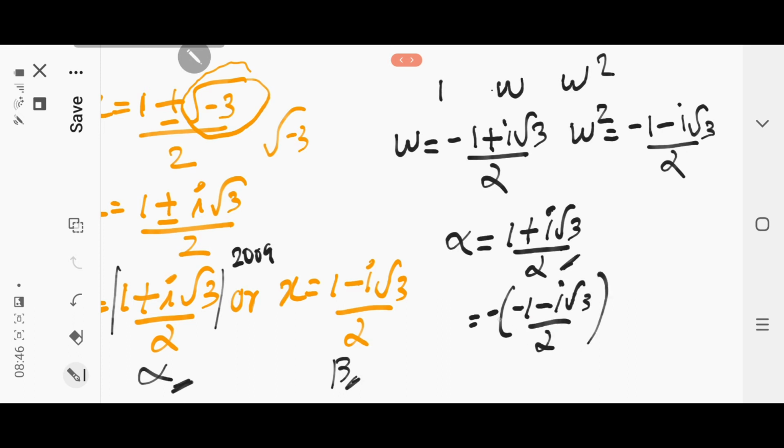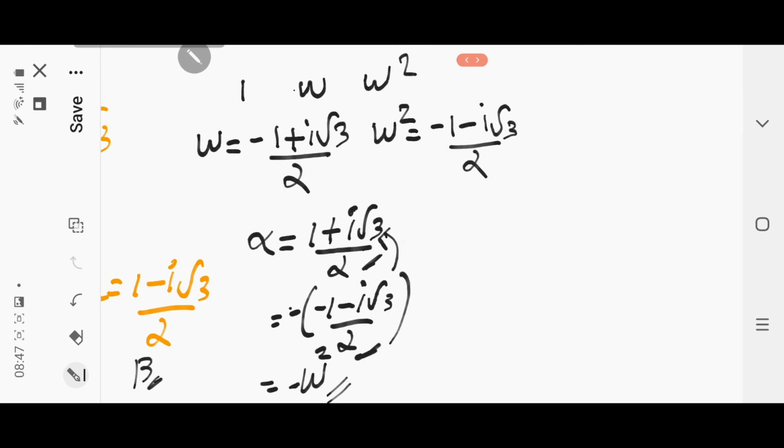When you open the bracket, minus and minus become plus, and this becomes plus, so it is similar to this, right? And this is omega square. Therefore, alpha is equal to minus omega square.